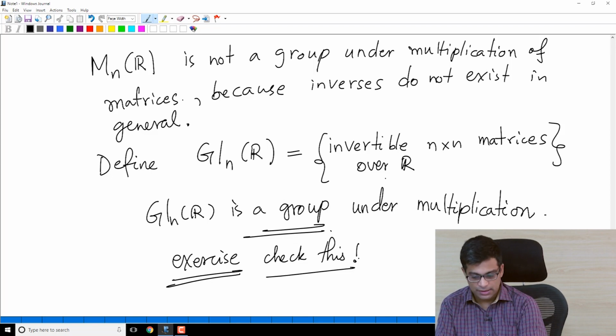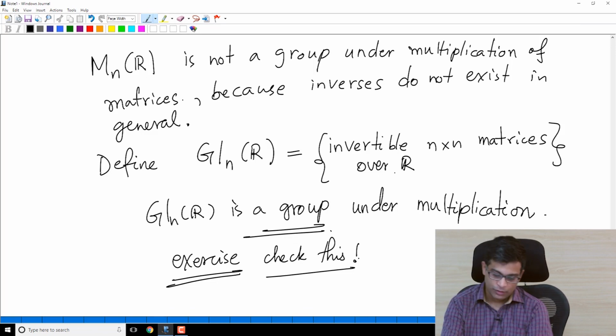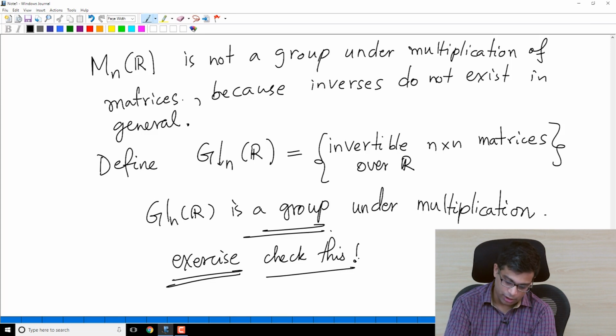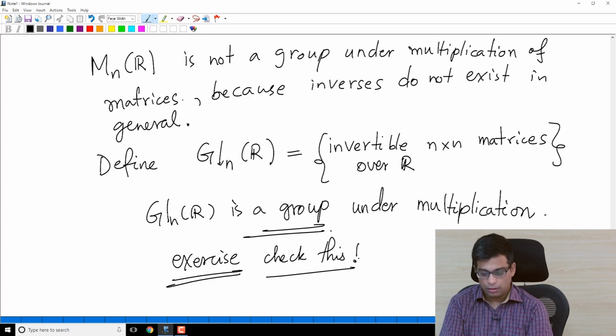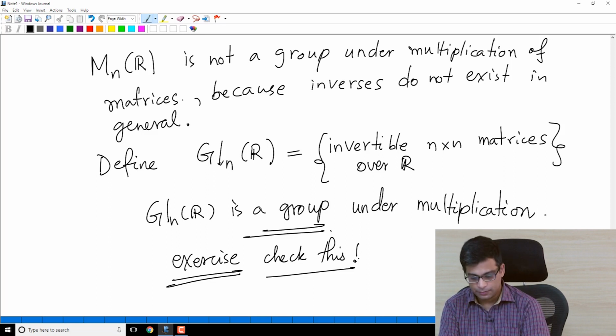Are there inverses? Yes, because we have restricted our attention to only those matrices which admit inverses. So, every element in GL n R has an inverse, and matrix multiplication is associative, that you have studied in some matrix theory course. So, GL n R has all the required properties of a group. So, it is a group.